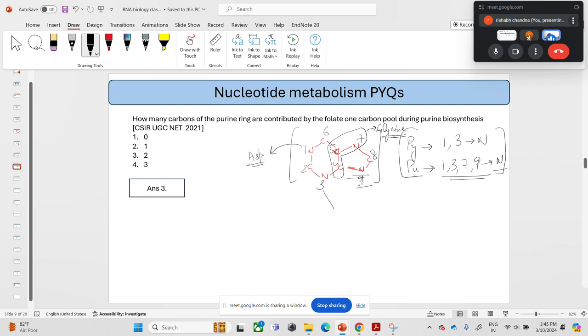The third and ninth nitrogen are provided by the glutamine molecule. The sixth carbon is provided by the carbon dioxide molecule formed during our catabolism process. And the second and the eighth carbon are provided by the folate molecule.